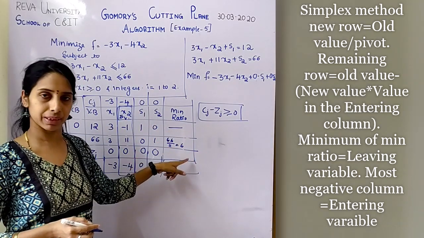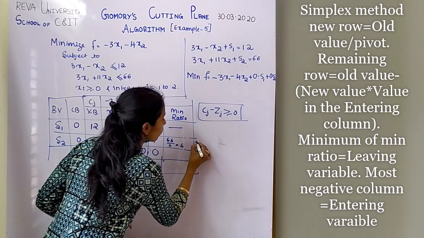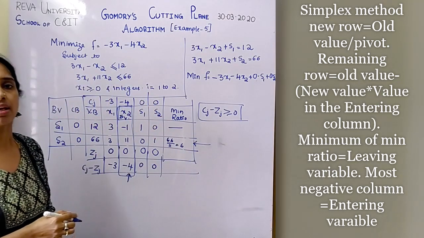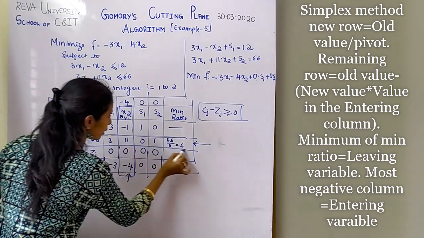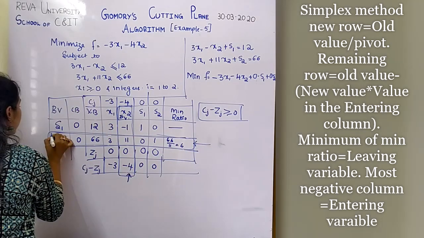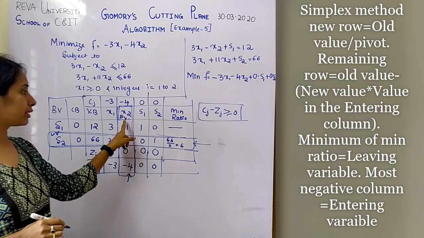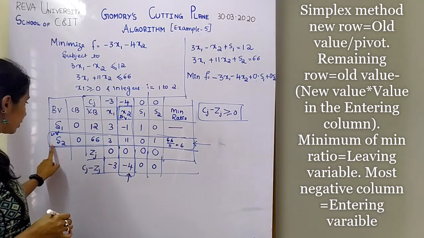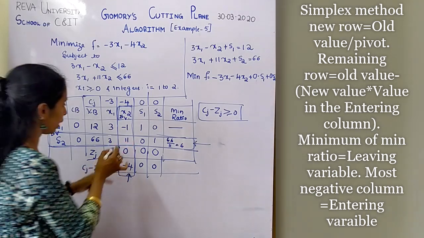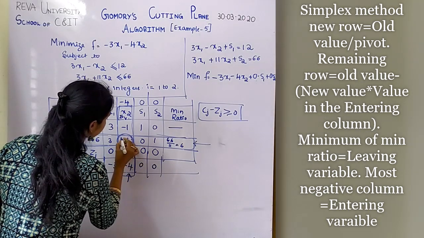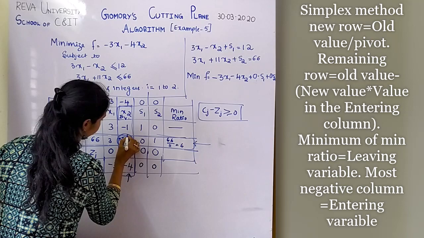Which is minimum among these. Since we have only one, this will be considered the leaving variable. The row corresponding to this is called the leaving variable. This is the entering variable, this is the leaving variable. Where the entering and the leaving variable coincide is called the pivot.